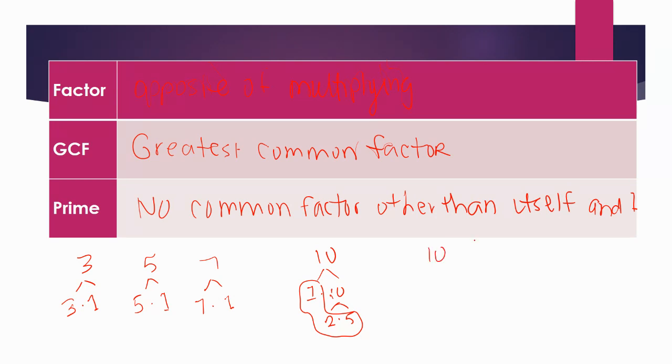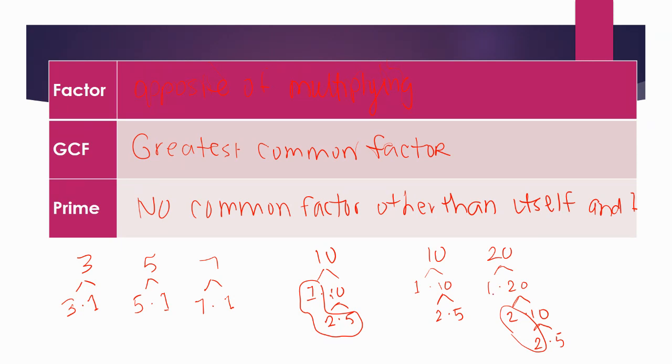So if you had 10 and 20, and we want the greatest common factor, from 10 we know we have 1 and 10, 2 and 5. For 20, I'm going to have 1 and 20, 2 and 10, 2 and 5. That means I also have a 4 times 5, because these go together, so that could give me a 4 as well.